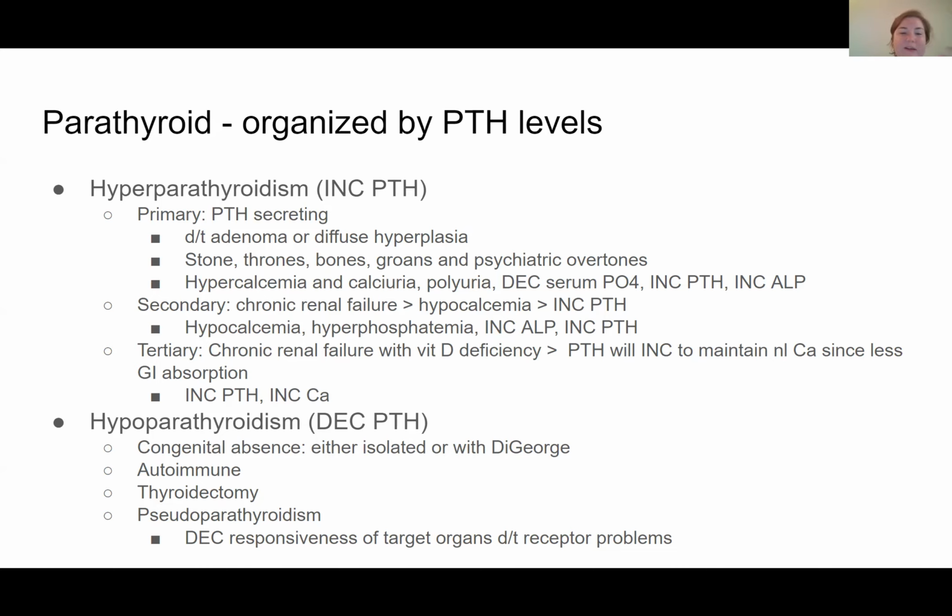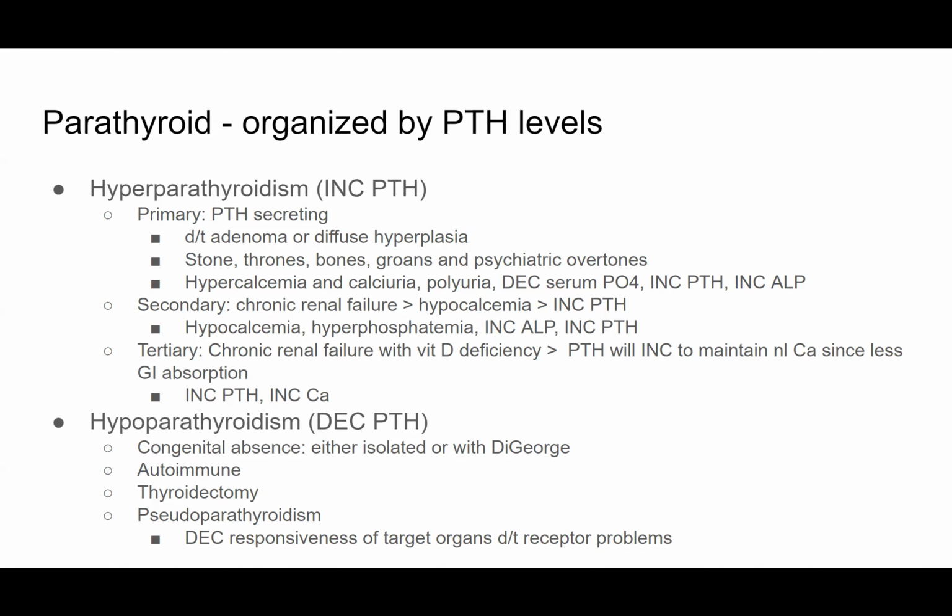So hypocalcemia, hyperphosphatemia. Parathyroid hormone decreases reabsorption of phosphate, so if we have renal failure, it's not going to do its job. So you have hyperphosphatemia. So it flips it.